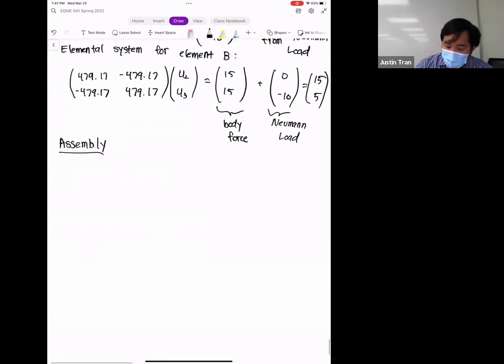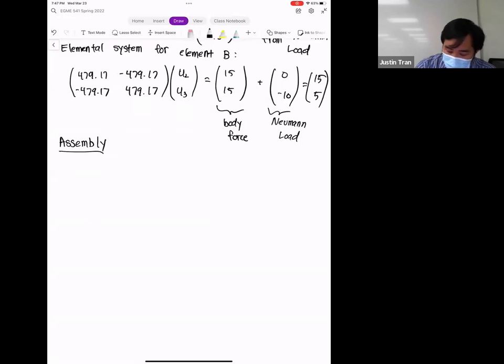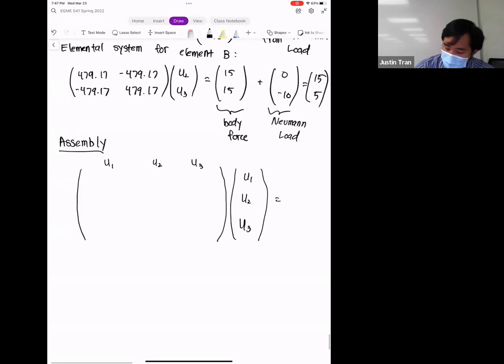Our assembled system here is going to be a 3 by 3. So let's have U1, U2, U3, and on the right here, I'm going to leave it blank for now.